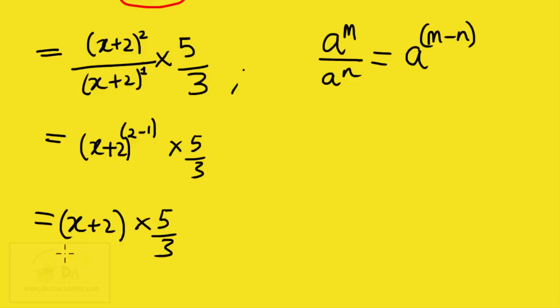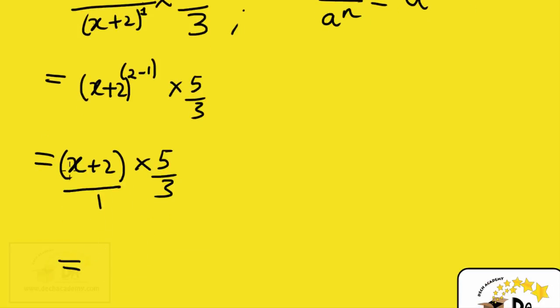X plus 2 is the same thing as x plus 2 over 1. So multiplying these two fractions gives the following fraction. The numerator is x plus 2 times 5, so we can put the 5 here, 5 times x plus 2. And the denominator is 1 times 3, which is 3.